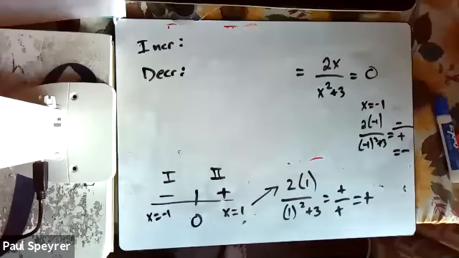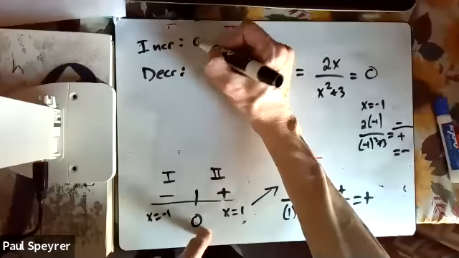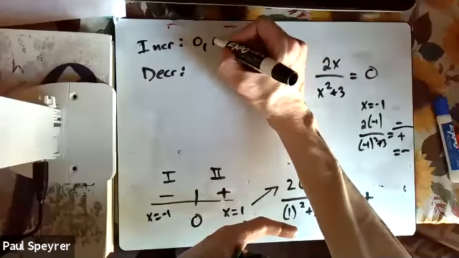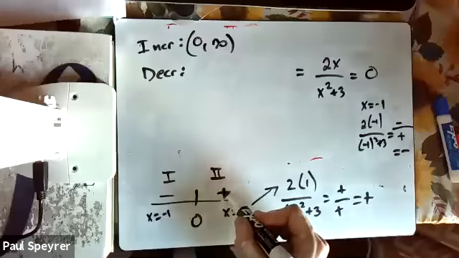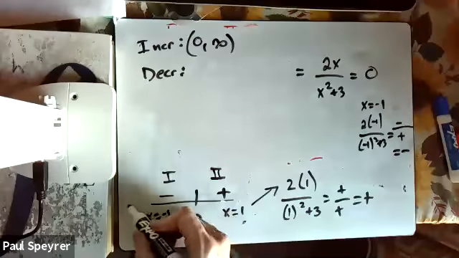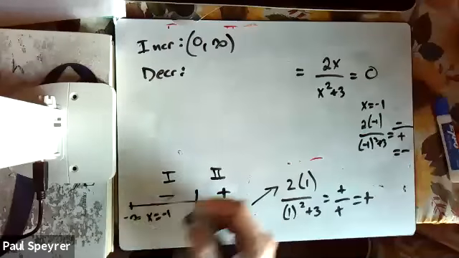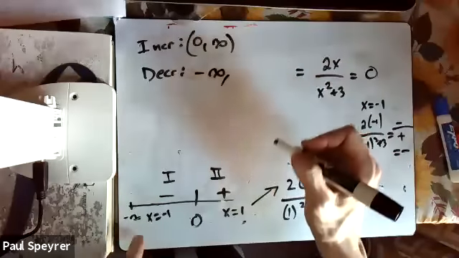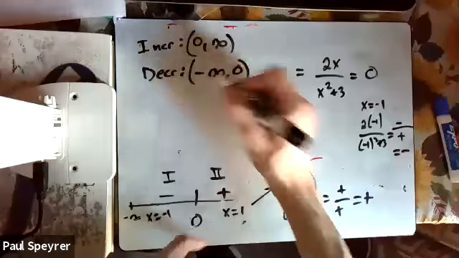So where are we increasing from? Well, starting at x equals 0. And forever to the right, we are going towards positive infinity. Where are you decreasing from? Well, you're decreasing beginning at x equals -infinity. Until what x value? 0.